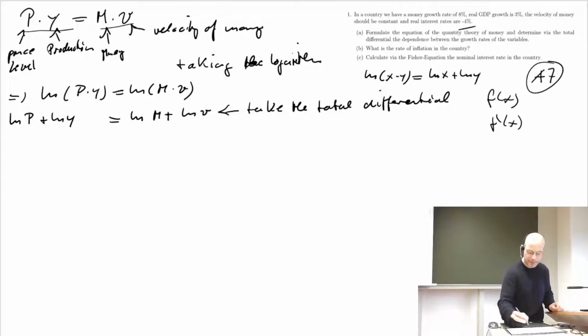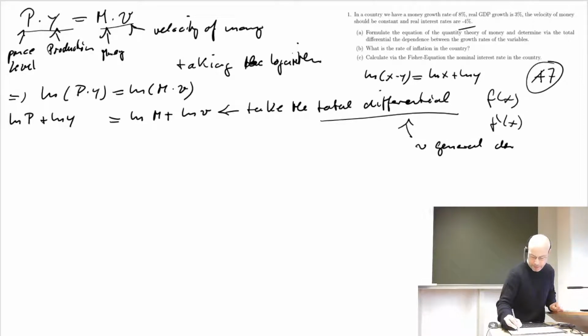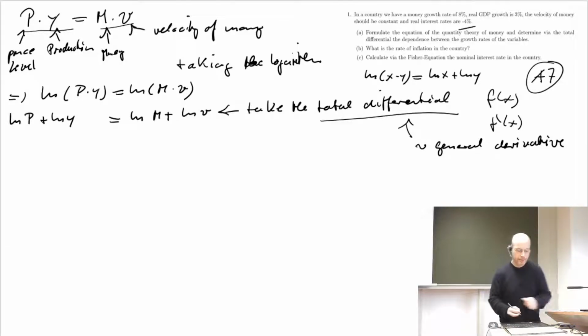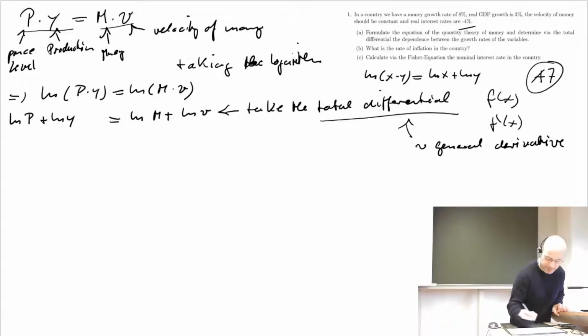And this is then something like a general derivative. It is written with a differential operator, written as a small d. So this is not a variable, but a differential operator.